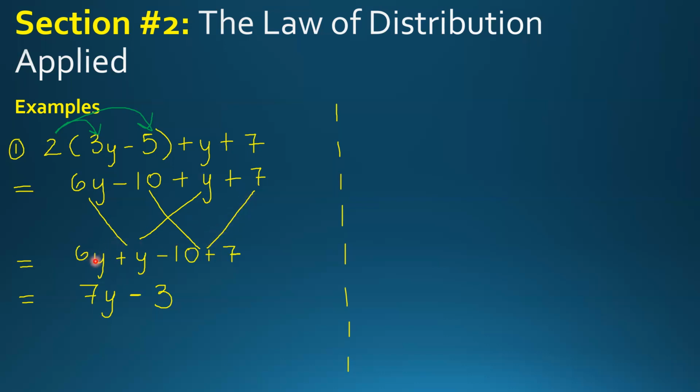So we do 6y plus y, which is 7y. We do negative 10 plus 7, which is negative 3. So the answer is 7y minus 3. Okay, and that's how we get that.